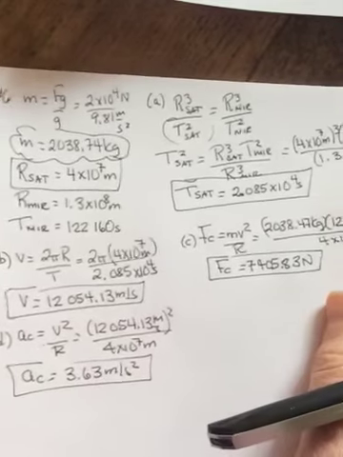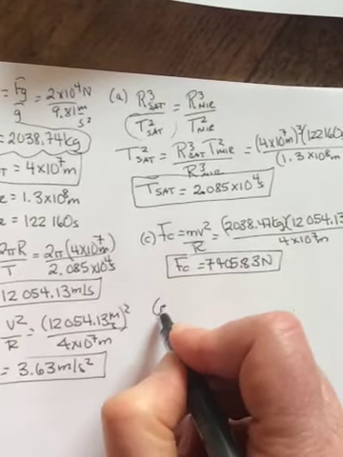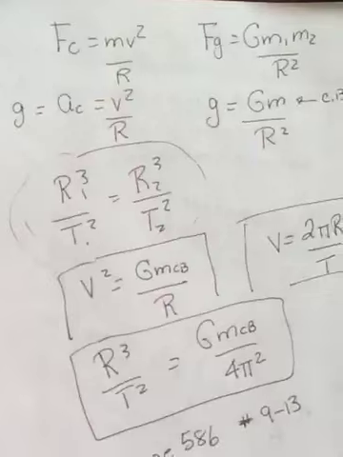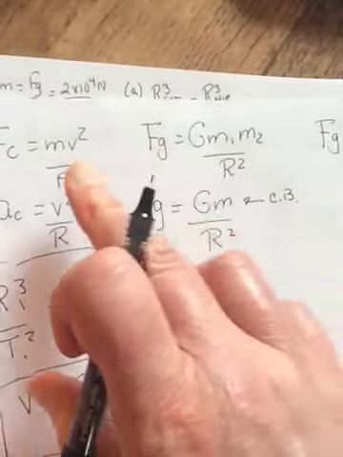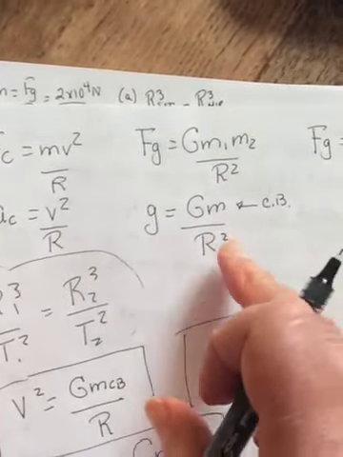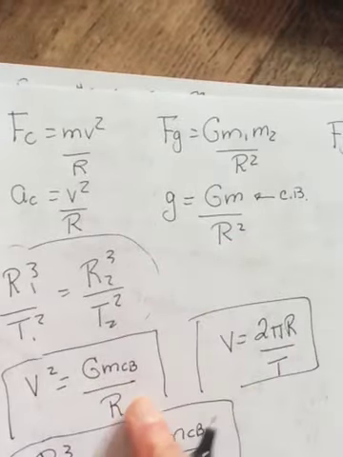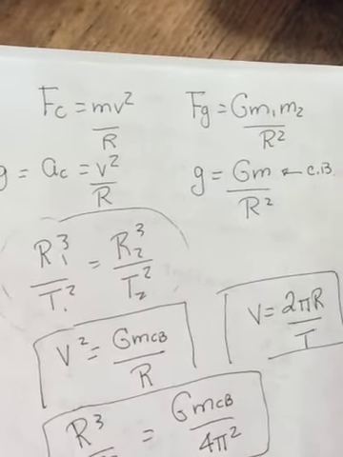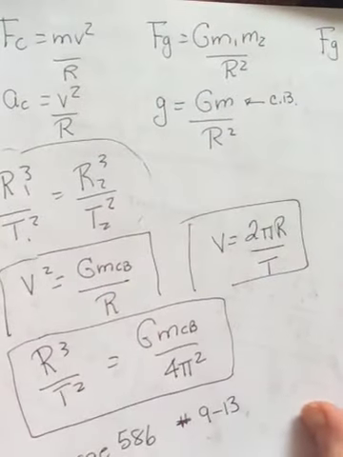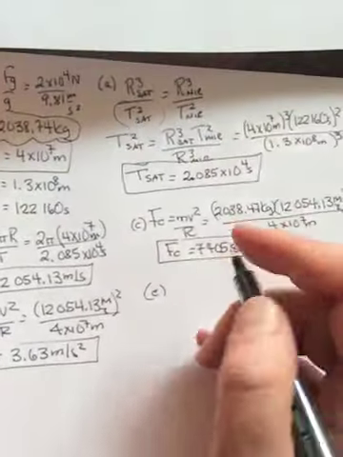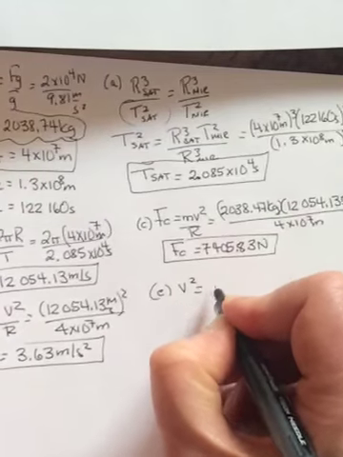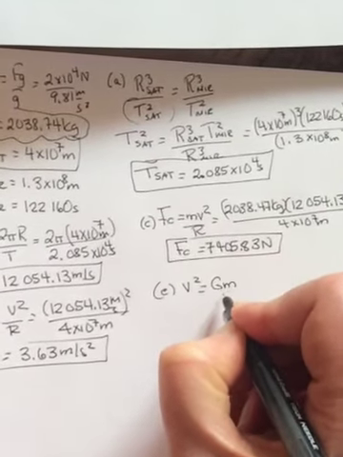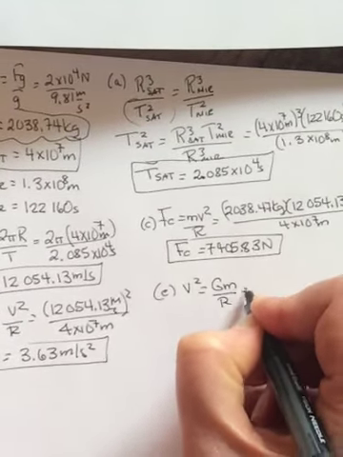And then the last one, finally, is the mass of the planet. Now that you have everything else, you can use Newton's version of Kepler's third law. I'd probably use the v one just because it's quick. So v squared is equal to G, mass of the central body, over r.